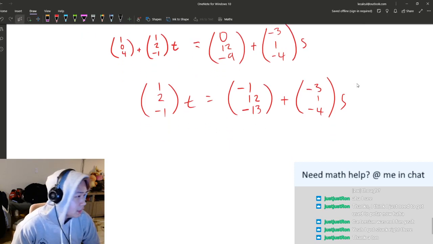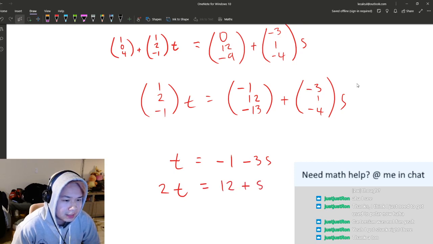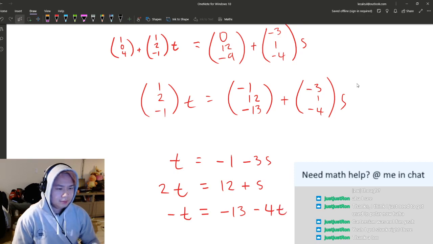Okay, and then we can solve this system. The system says that t is equal to -1 minus 3s. 2t is equal to 12 plus s. And that negative t is equal to -13 minus 4t.